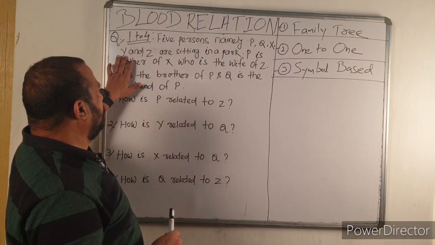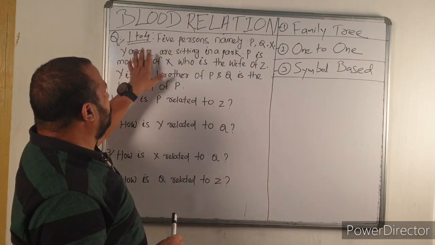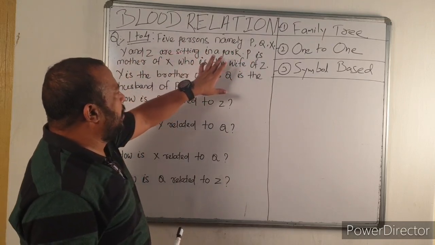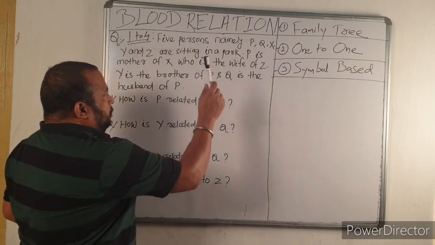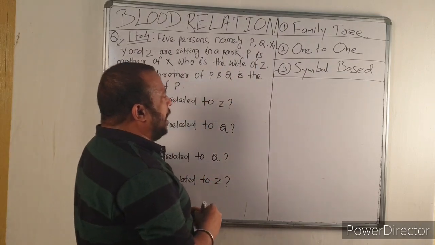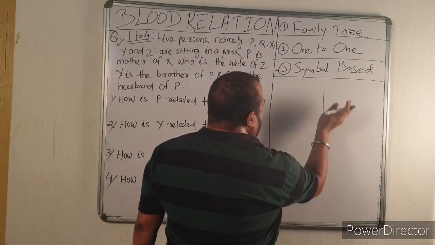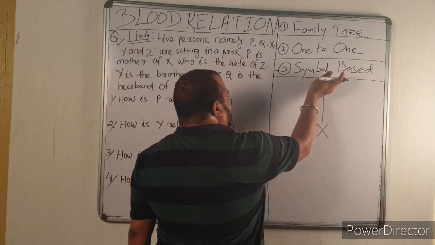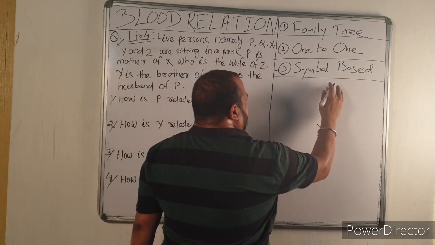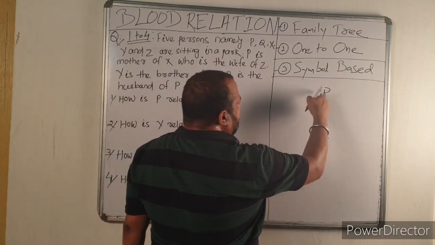So first, 5 persons P, Q, X, Y, Z are sitting in a park. P is the mother of X. See, X is here. P is the mother, which means P's generation is above X, because P is the mother.